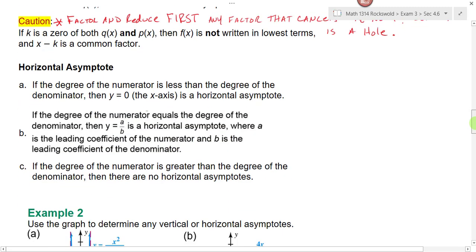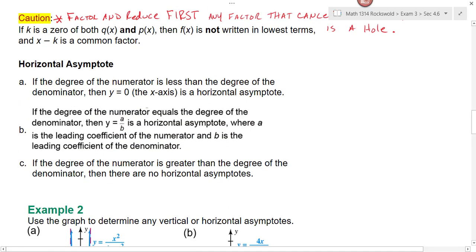To get your horizontal asymptotes, you end up comparing the degree of the numerator with the degree of the denominator. If the degree of the numerator is less than the degree of the denominator, then the x-axis is your horizontal asymptote. So if you have a proper fraction where the degree on top is smaller than the degree on bottom, then the x-axis is a horizontal asymptote.